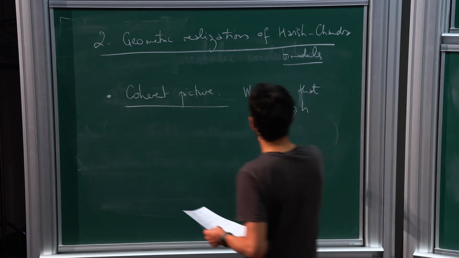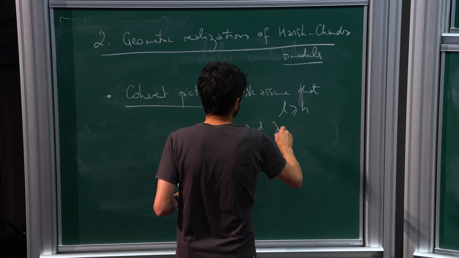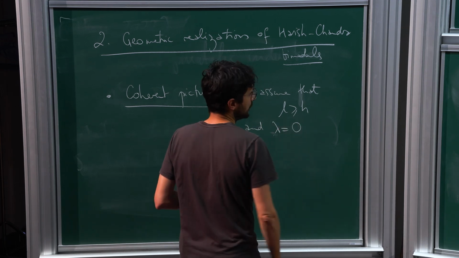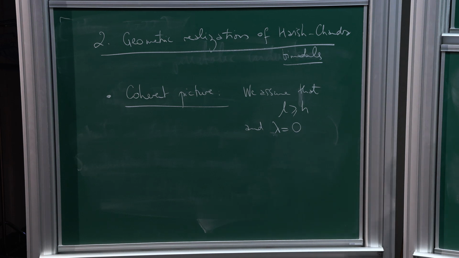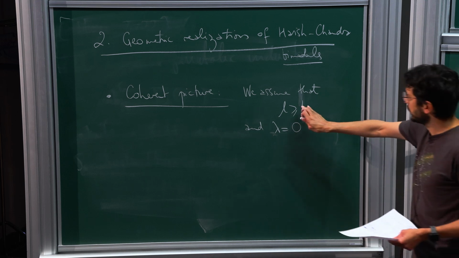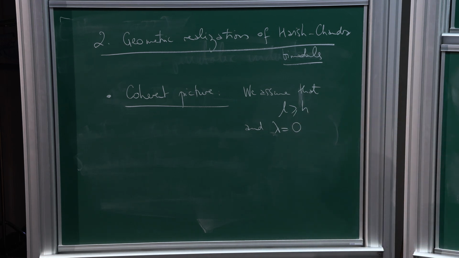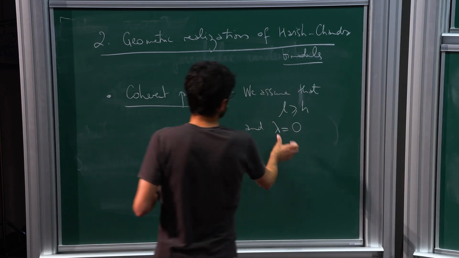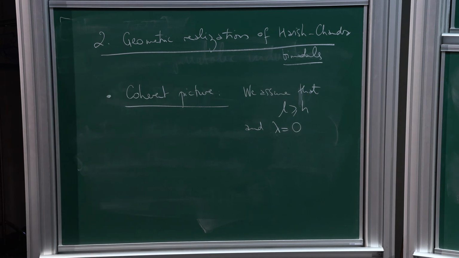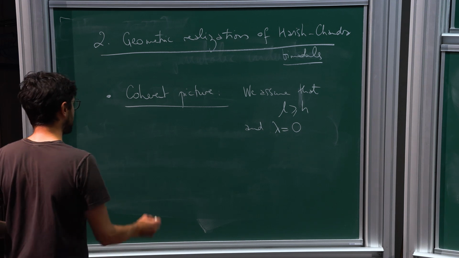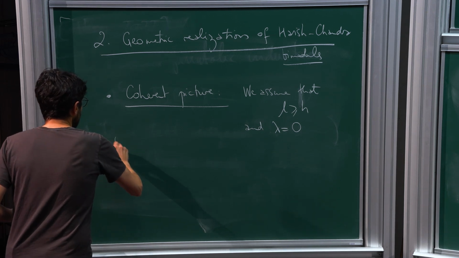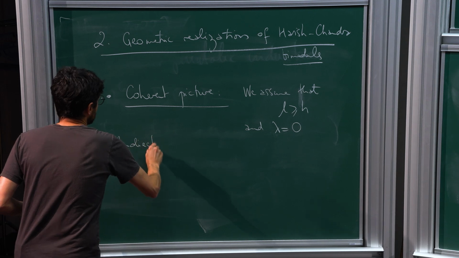And I will restrict to the case when the central character is 0, the trivial central character. So assuming that l is larger than h, this is a regular character, and in some sense this is the only central character that you really have to understand. If you understand this central character, you can just spread the information to other characters in some way.